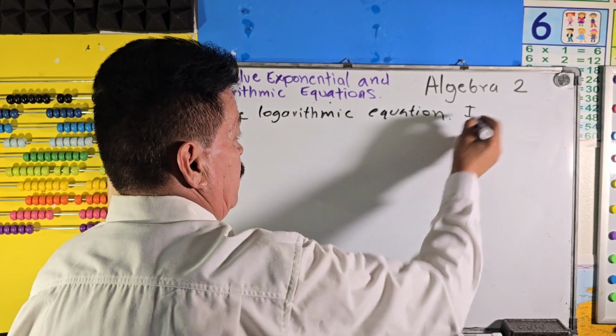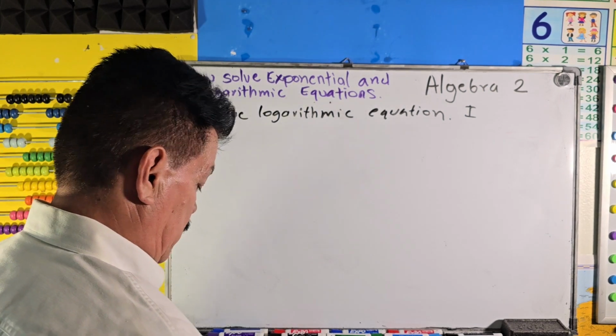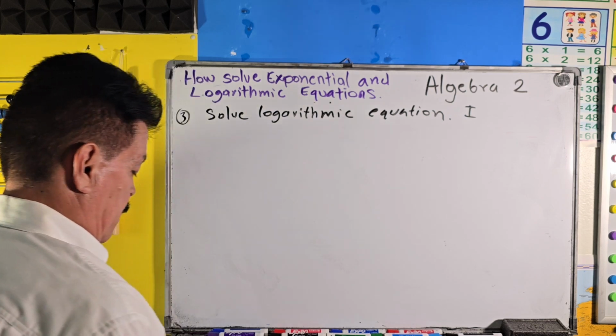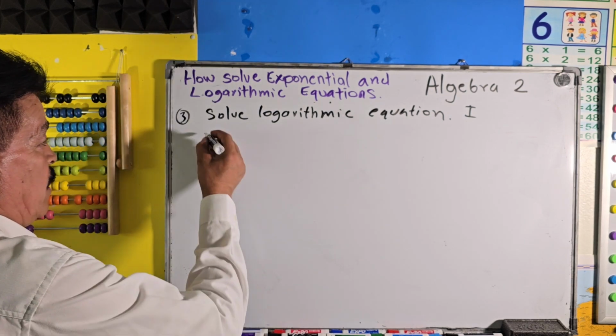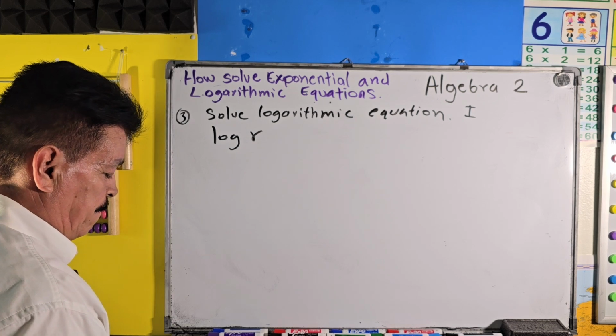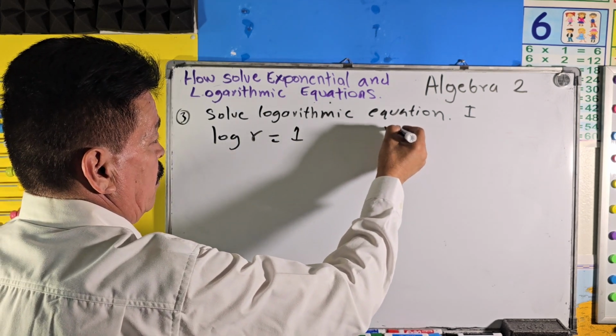This is level 1. The next level is a little bit more complex, but this is level 1. So let's write this problem: log r equals 1. We have to find how much r is.